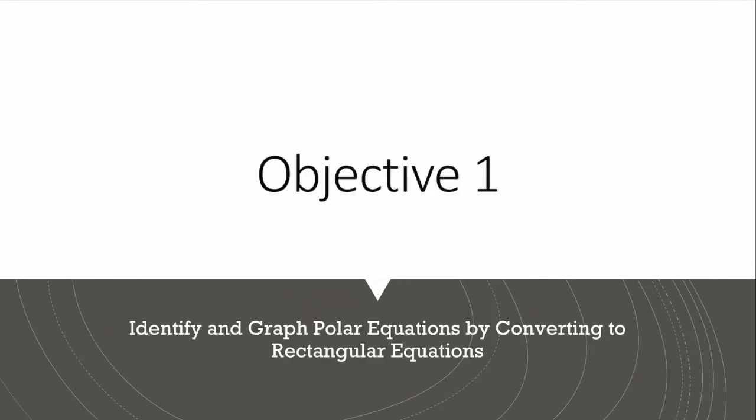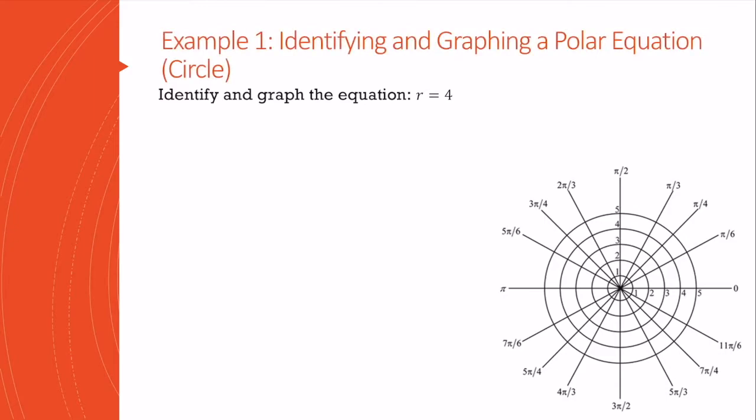So let's take a look at our first example. We're going to identify and graph polar equations by converting to rectangular equations. Let's identify and graph the equation r equals 4. When r is 4, theta isn't defined. Where does r equal 4? Here, and over here, and here, right? It's every single point where the radius from my pole, the origin, is 4.